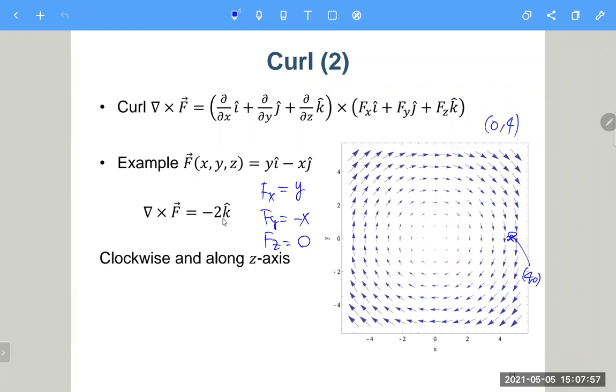This means that if this is the rotational axis, you can use the right-hand rule here. You use your fingers to follow the direction of the arrow, and then your thumb will point into the page. In this case, this is the rotational axis, which is the negative z direction, because k hat is the unit vector in the z direction.